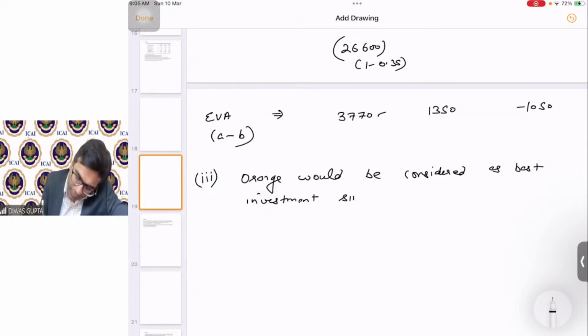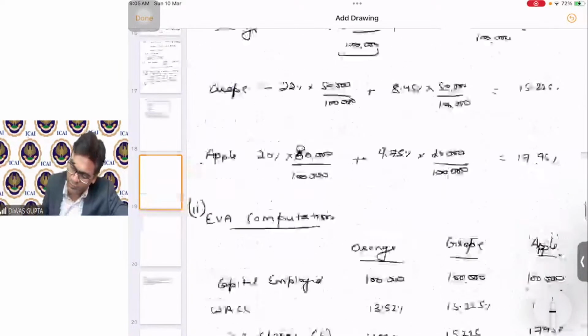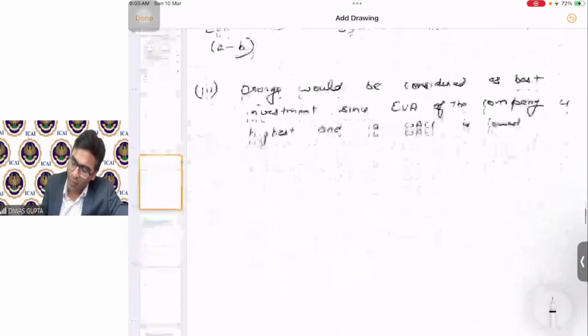since the EVA of the company is highest and its WACC is lowest, students. If you see, the WACC is lowest for orange.